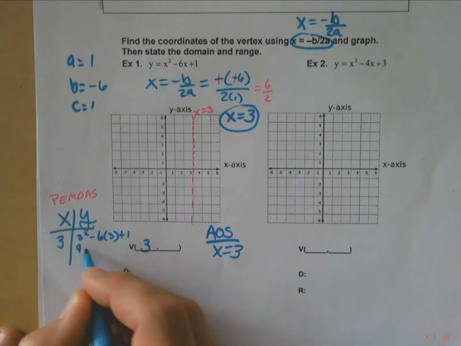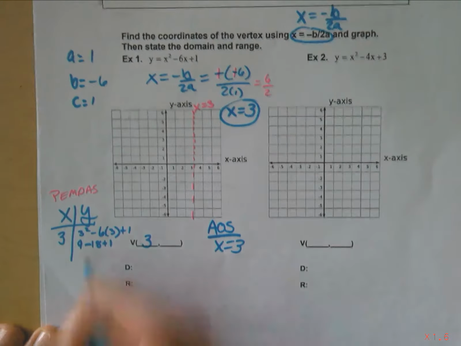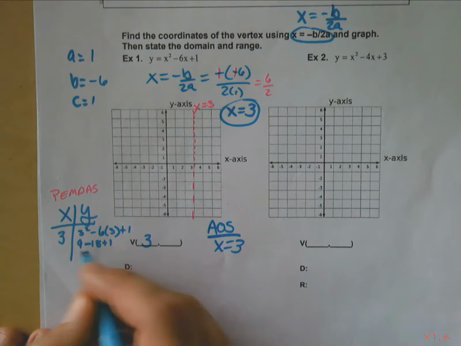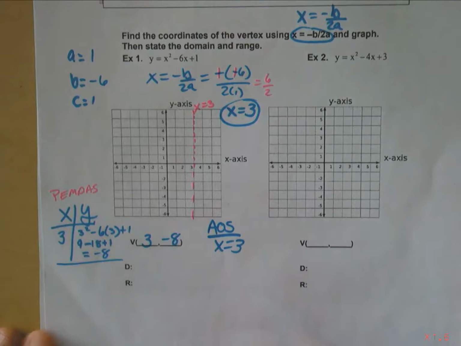Negative 6 times 3 is negative 18 plus 1. And that ends up to be what? What's 9 minus 18? And then plus 1. Negative 9 plus 1 is negative 8. Perfect. So our vertex is 3, negative 8.